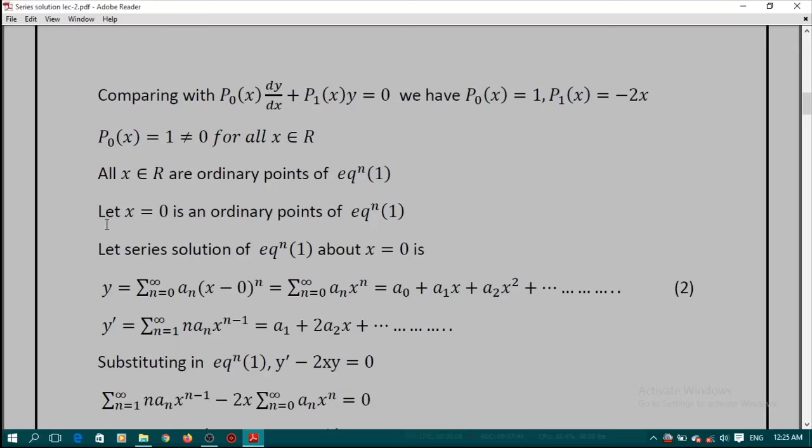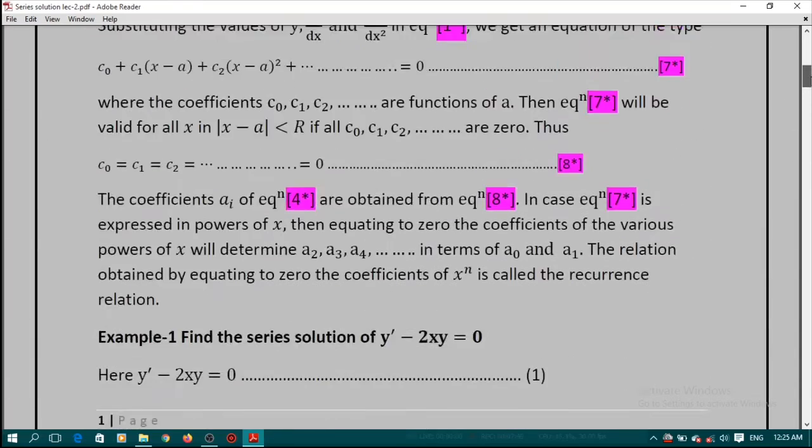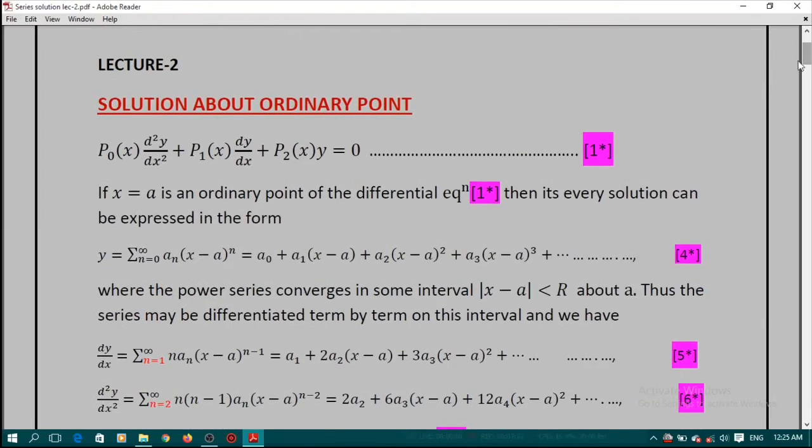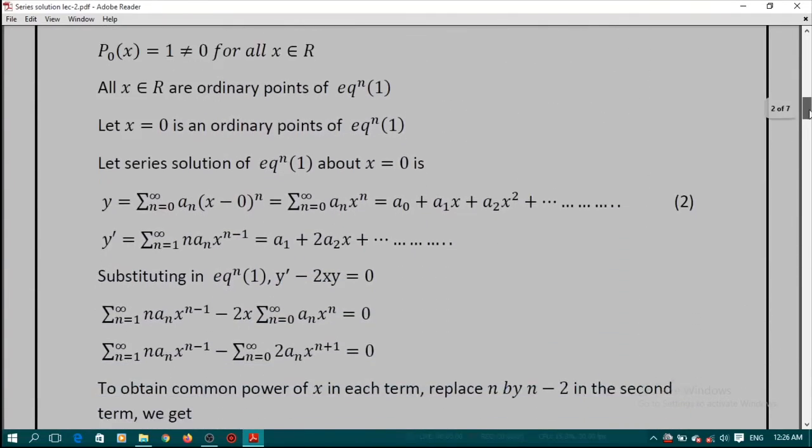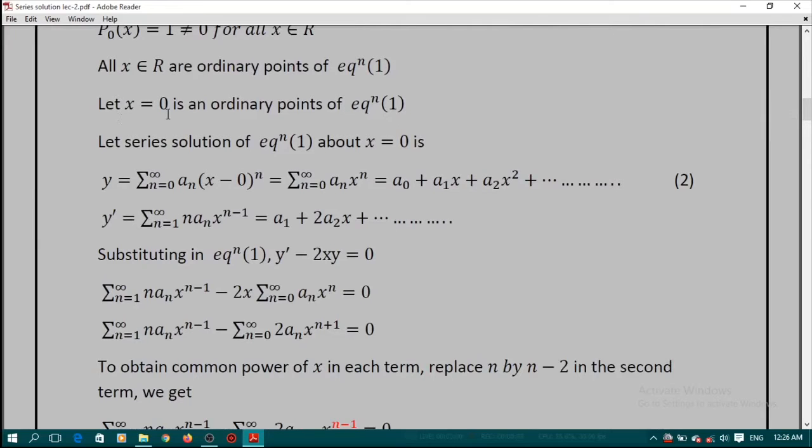So in the theory we have a, and in this example the value of a is 0.